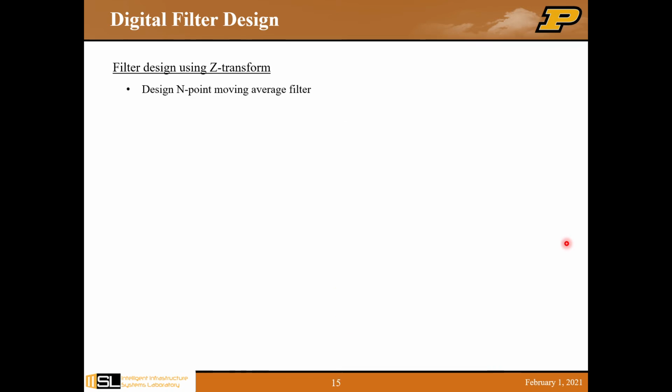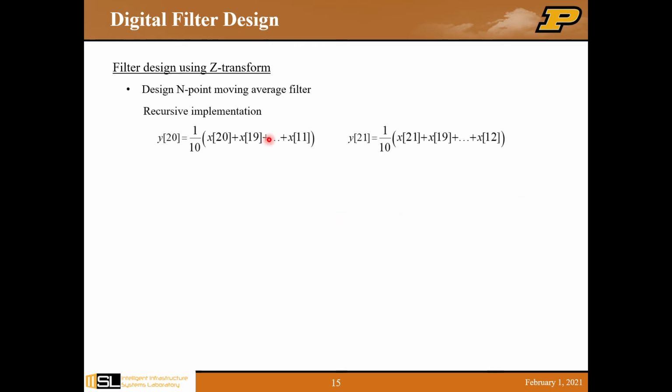We can implement the N-point moving average filter in another way. If you compare y[20] with y[21], you can see that 19 data points are identical. So you can represent it in a recursive form: y[n] equals y[n minus 1] plus 1 over 10 times x[n] minus x[n minus N].